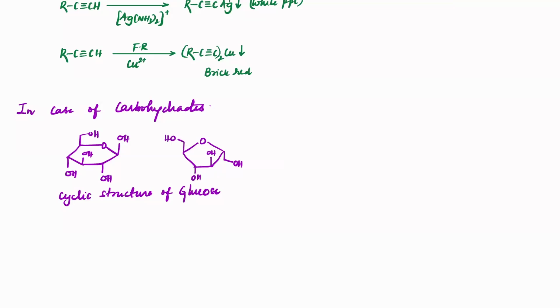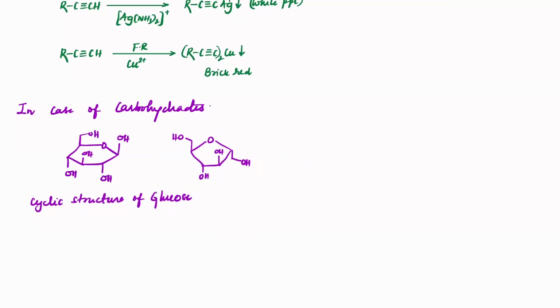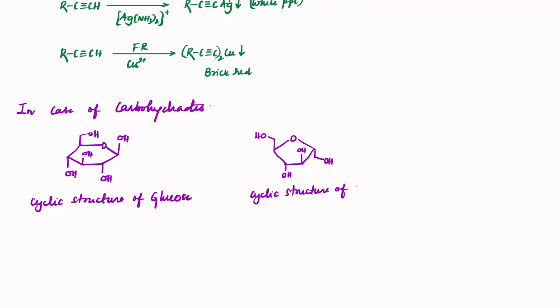This is the cyclic structure of fructose. Here we have OH this way and OH here.